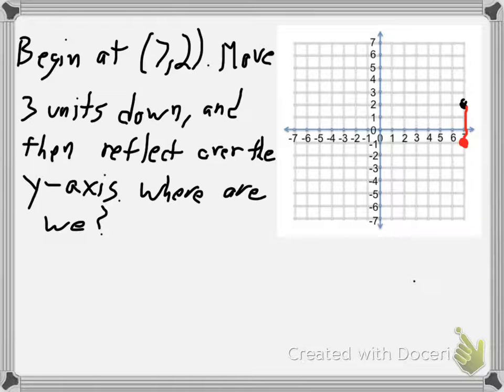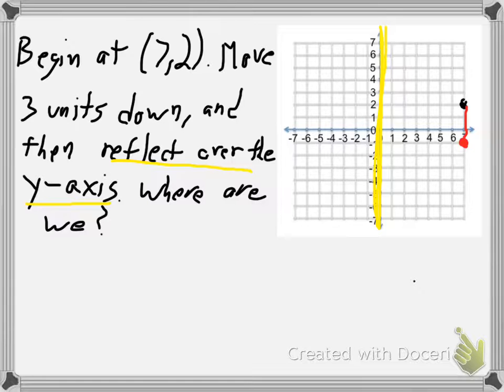Now I want to reflect that over the y-axis. So I'm thinking to myself, okay, I need to reflect it over the y-axis. So first I need to find my y-axis. That's my vertical axis right here. And I need to reflect it over that. So I need to see how far away I am from that y-axis.